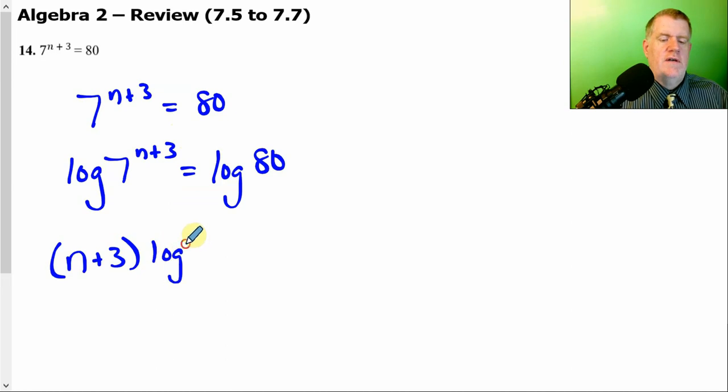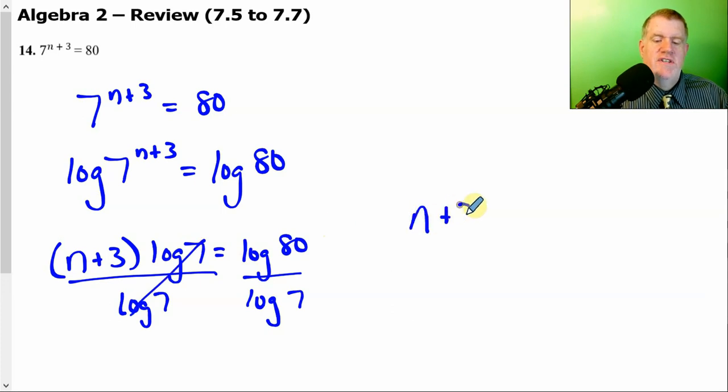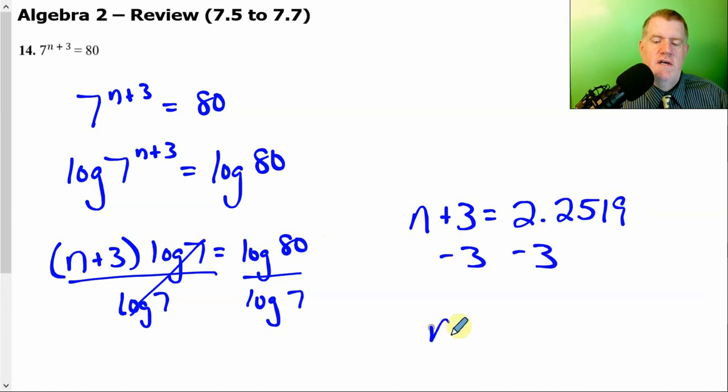I have log of 7, log of 80, isolate the n, so get rid of the log 7. So I have n plus 3. And I put this in the calculator, and log 80 divided by log 7 is 2.2519. Subtract 3 from both sides, I get n to be negative 0.7481.